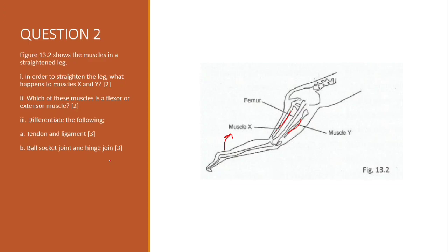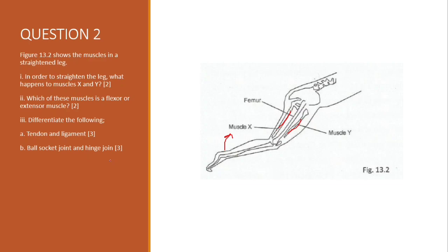You find that one has a round head ending, and the other has a depression, acting more like a socket. When they join together, they form this ball and socket joint, and they allow movement in three planes.